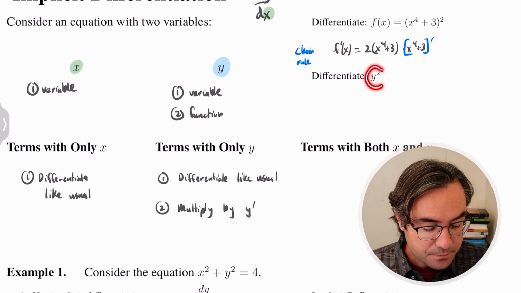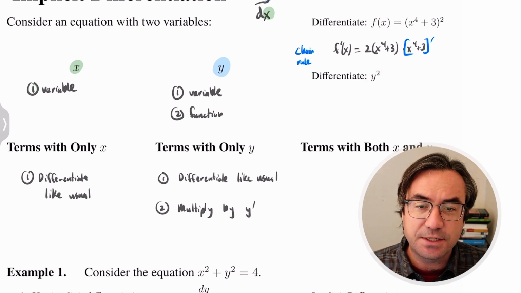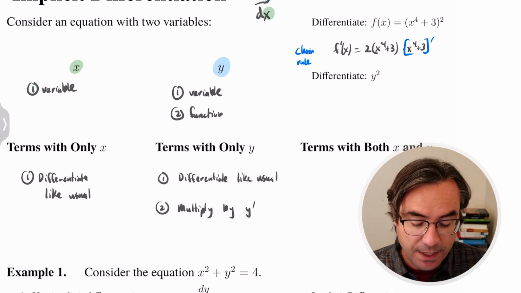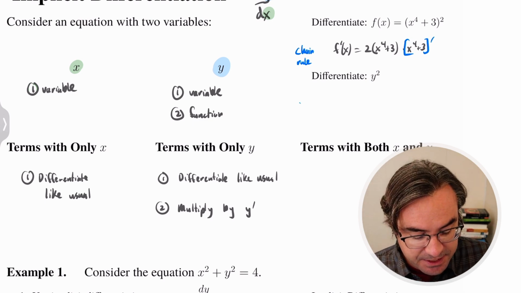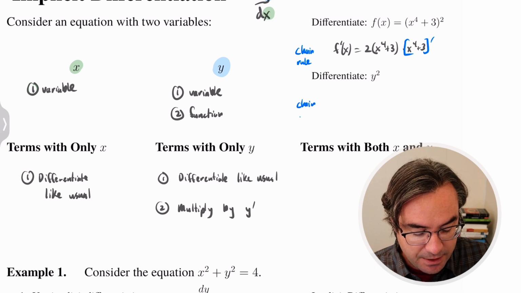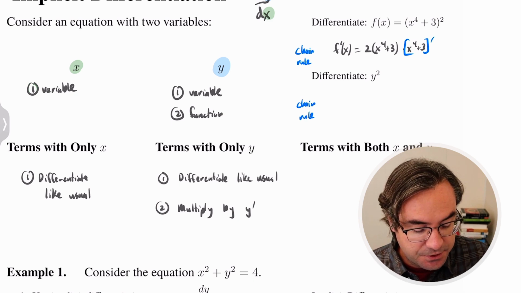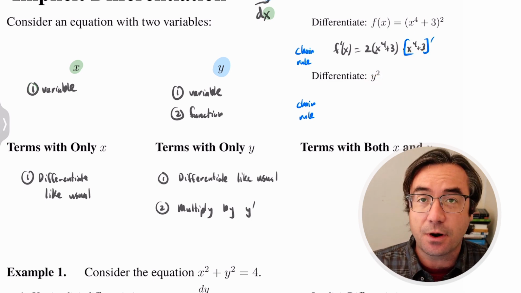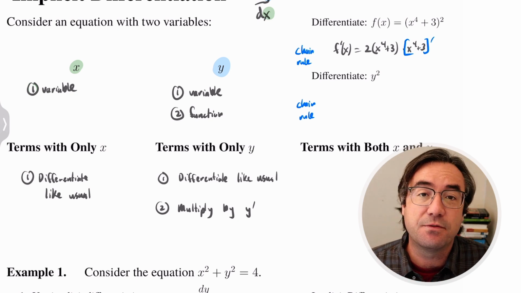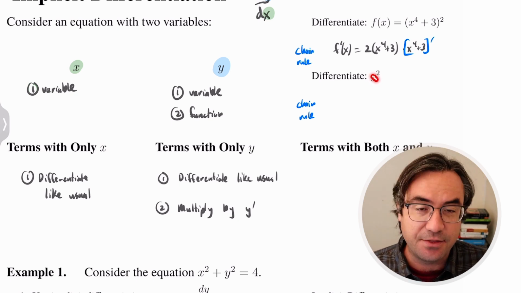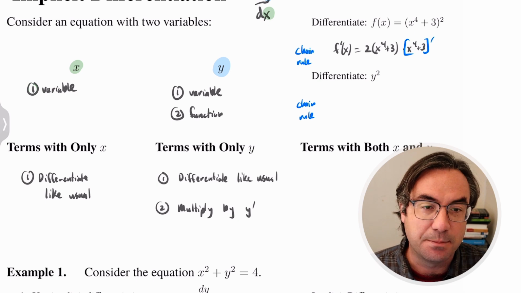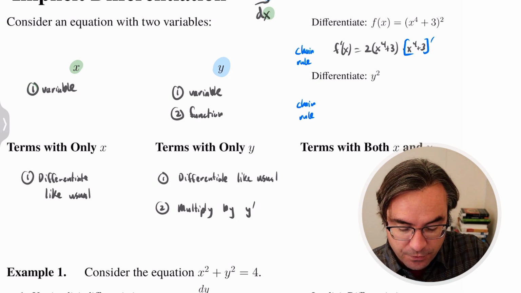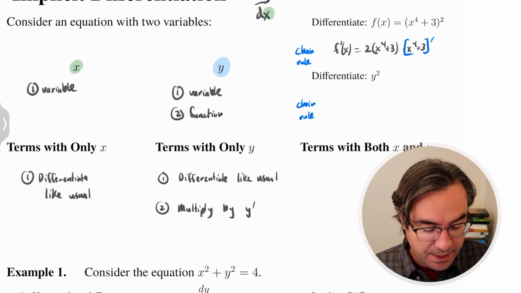Well, the same thing's going to happen with a y squared. If we tried to differentiate a y squared, it's going to be that same chain rule. Now the difference here is we don't actually know what those inner terms are. We're just assuming that there are some inner terms involving x's. They're kind of hidden inside the y, and we can't see them. So how would the derivative look in this case for this y squared?